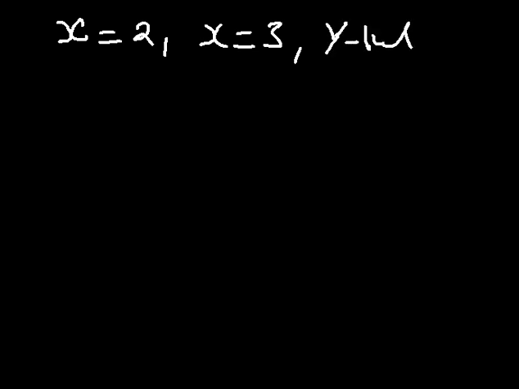Now, what if we have been given that the graph of a certain quadratic function has the roots 2 and 3, and also the graph has the y-intercept given as 8?